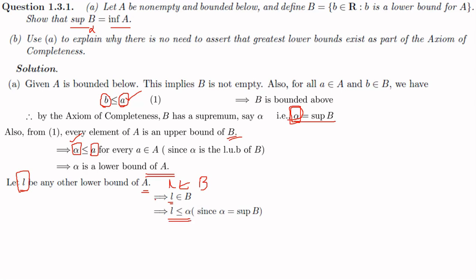Now what we got is that alpha is a lower bound of A, and if L is any other lower bound of A, then L is less than or equal to alpha.